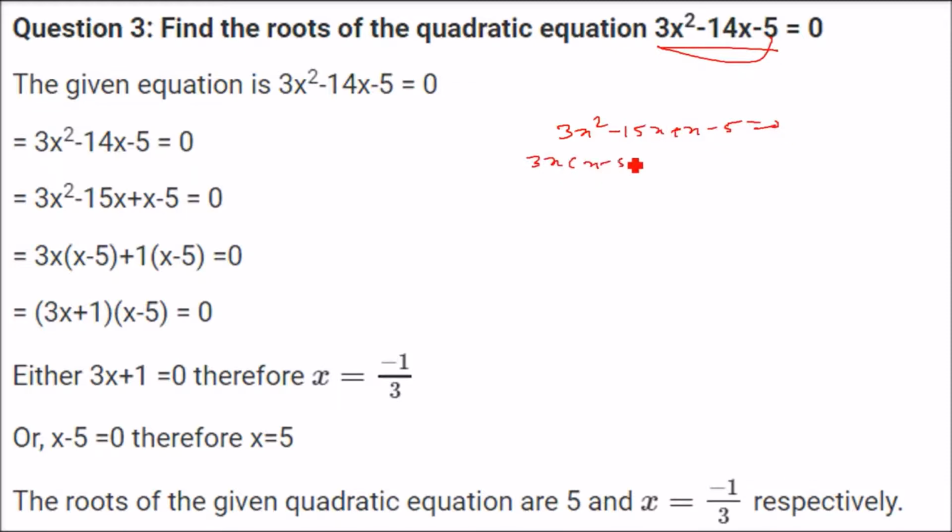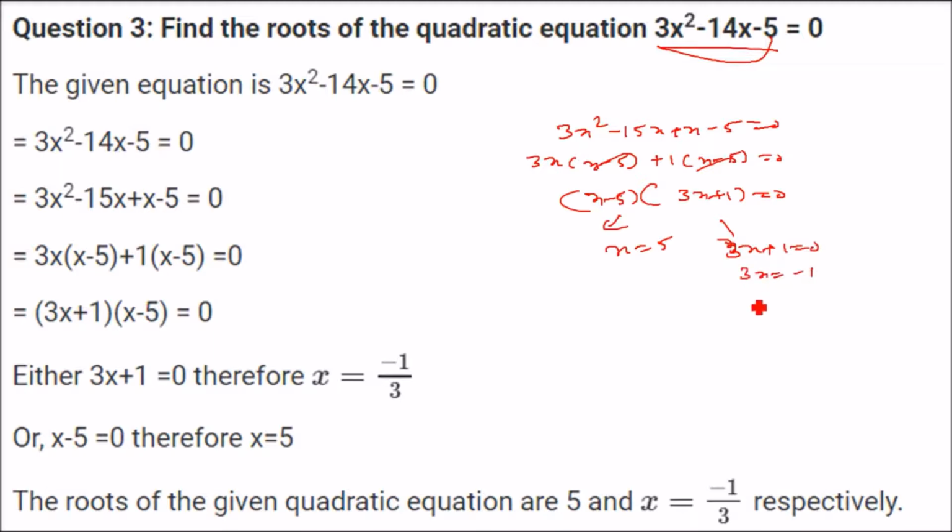Take 3x common, x minus 5 will be here. Take 1 common, x minus 5 will be here. So you get x minus 5 in this, and 3x plus 1 will remain. This will give you x equal to 5, and 3x plus 1 equal to 0 gives 3x equal to minus 1, so x will be equal to minus 1 by 3.